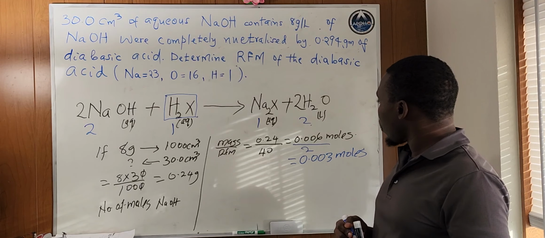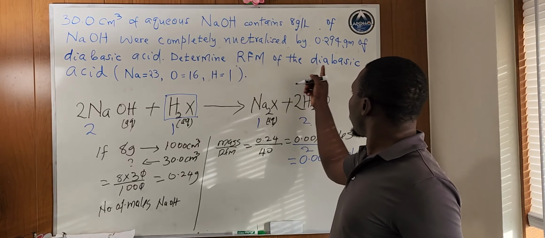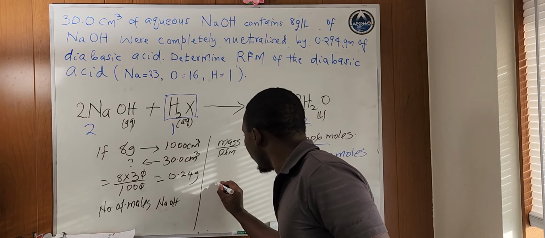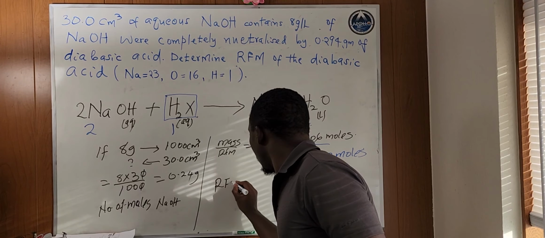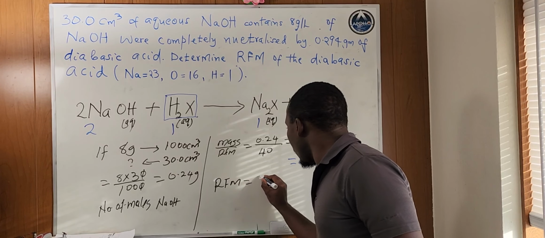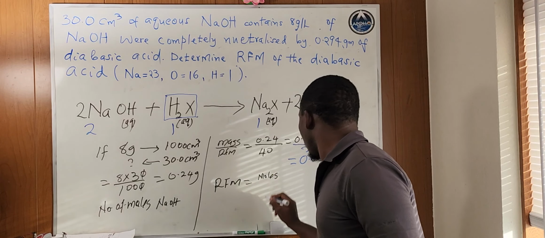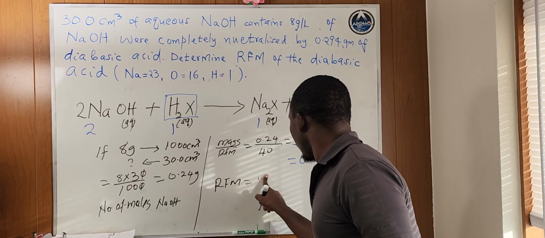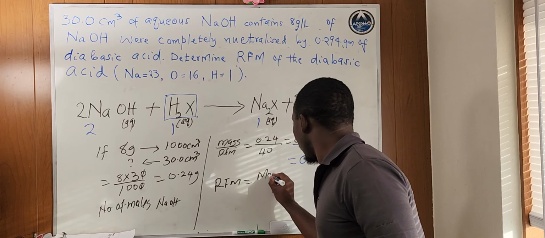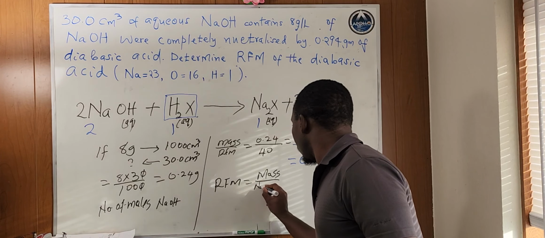Now for the last part, the RFM of the dibasic acid will be given by mass divided by number of moles.